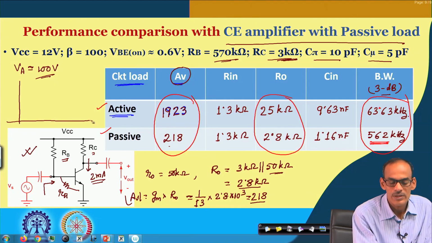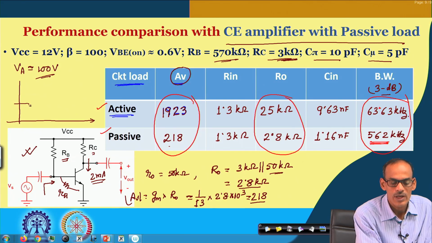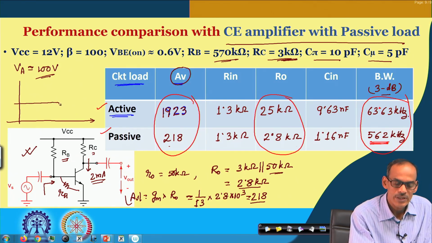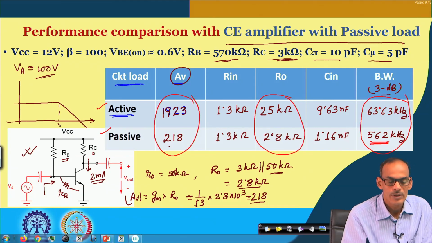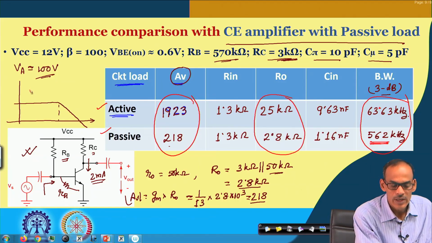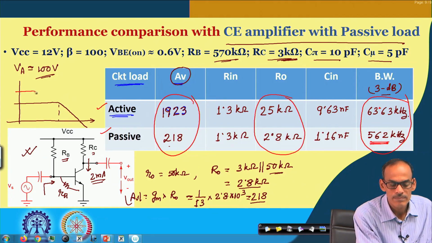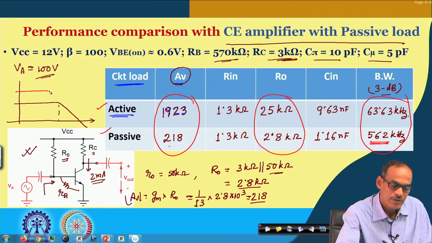If I look at the frequency response, particularly the higher side, for the passive load the gain is decent and it has a certain 3 dB bandwidth, while for the active load the gain got increased but the bandwidth got decreased.